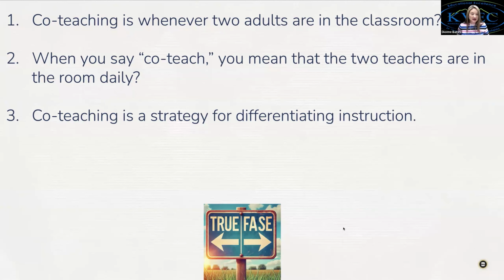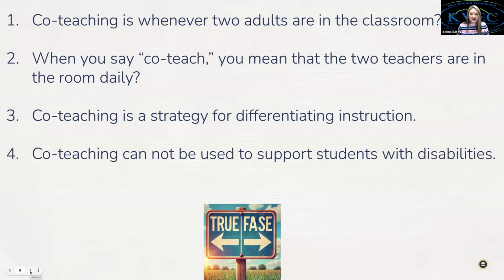So yeah, co-teaching can be a way that we differentiate instruction. We're creating smaller groups, through station teaching, parallel teaching, or even alternative teaching. We're thinking about how we give different levels of support to students, and then we're moving those students through with those extra supports. Absolutely.